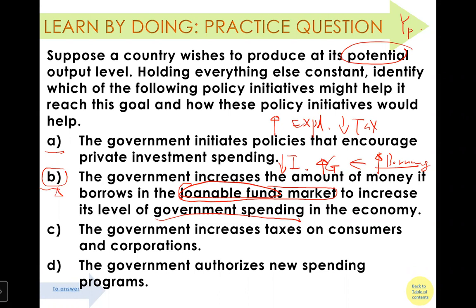But also, as we are going to see later, it could be the case that government spending can increase the total amount of money that is available in the loanable fund market.